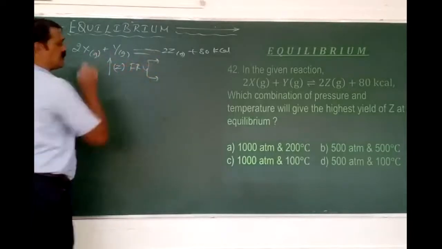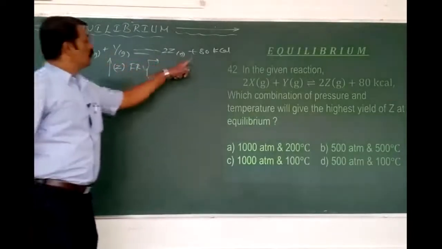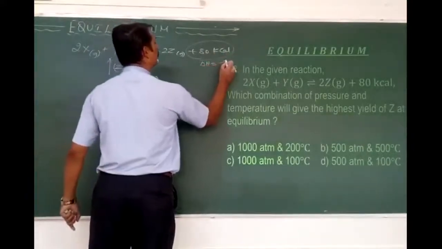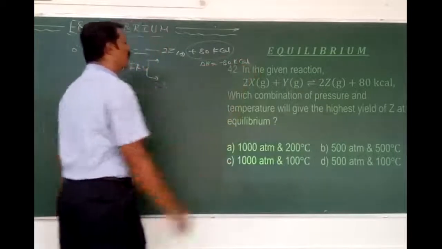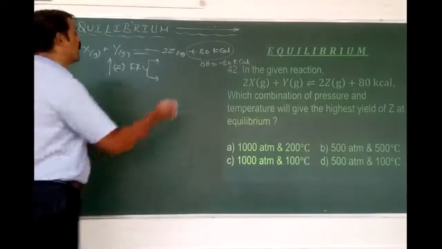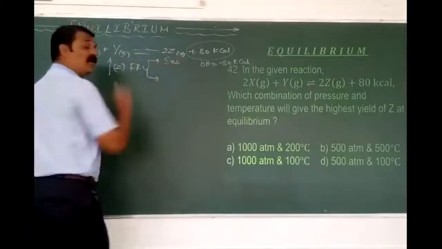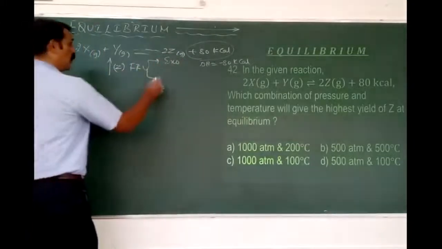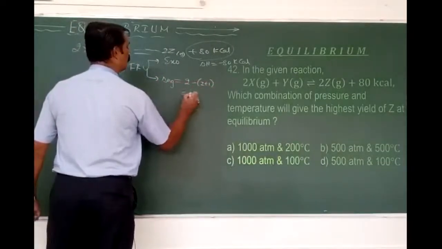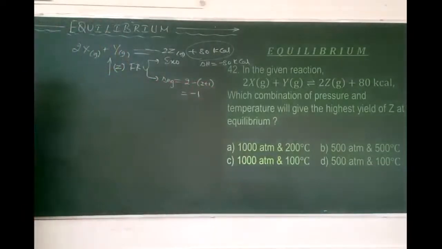This can also be written as delta H equal to minus 80 kilocalories. Either we write products plus energy or delta H is negative, which means it is exothermic. Then what is the value of delta Ng here? It is 2 minus 2 plus 1, that is equal to minus 1.